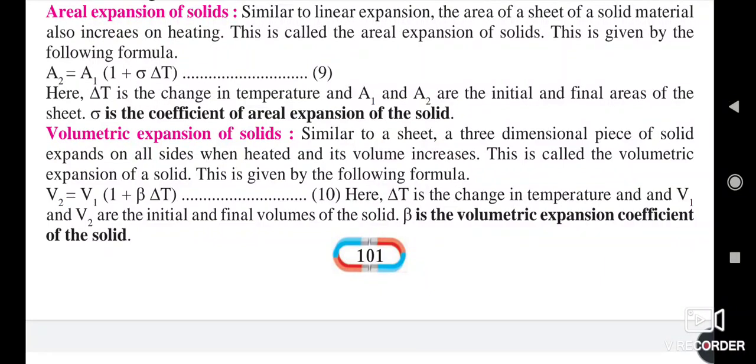This is given by the formula V2 = V1(1 + β ΔT). Here delta T is the change in the temperature, V1 and V2 are the initial and final volume of the solid, and beta is the volumetric expansion coefficient of the solid.